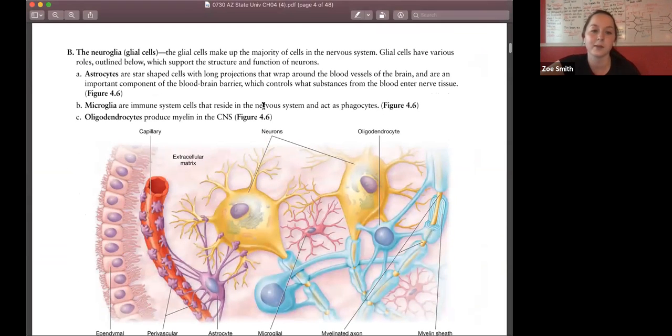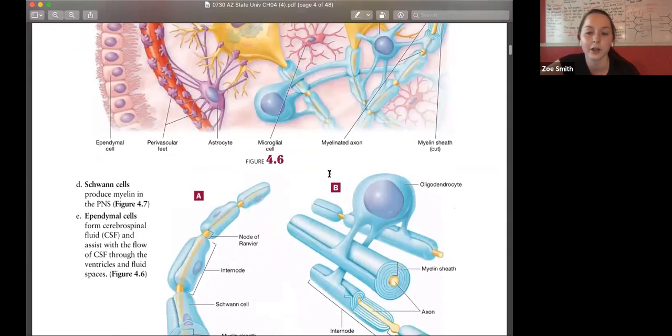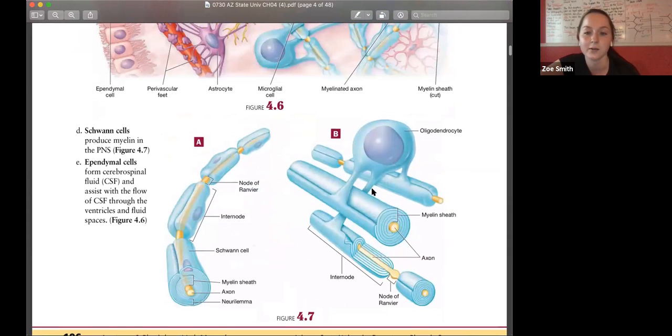Microglia are immune system cells that reside in the nervous system and act as phagocytes. So there's your microglia, immune system cells. Oligodendrocytes produce myelin in the central nervous system. So if we go down here, you can see oligodendrocytes.